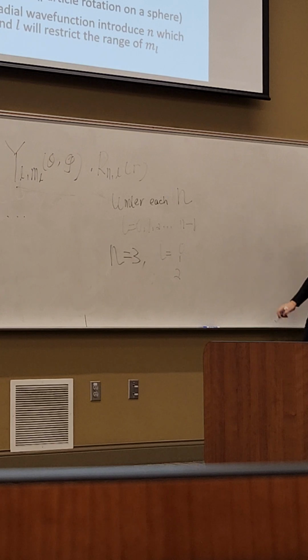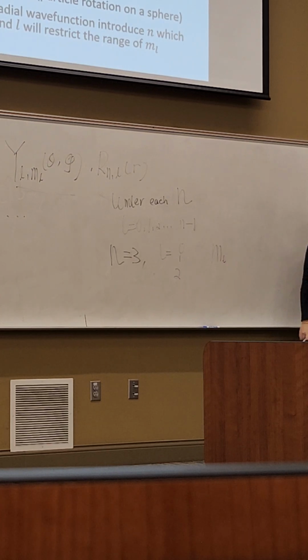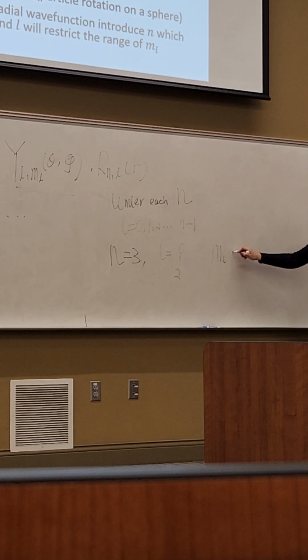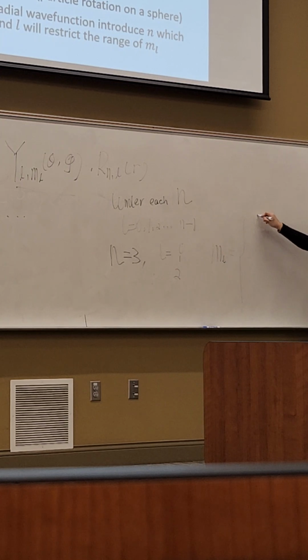Okay, now the question I'm having is, how about m sub L? So m sub L is constrained by the L values. Do you guys agree with that? Okay, so when L takes 0, what will the m sub L value be? Very good.